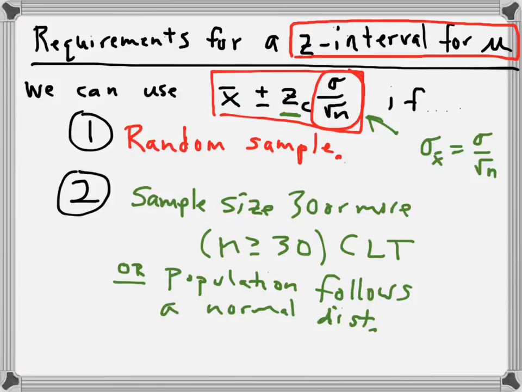Again, we can't sample everybody, so if we take a random sample, let's suppose that random sample had a mean of 68.32. Now, we get to assume that the standard deviation is 4 from the population.